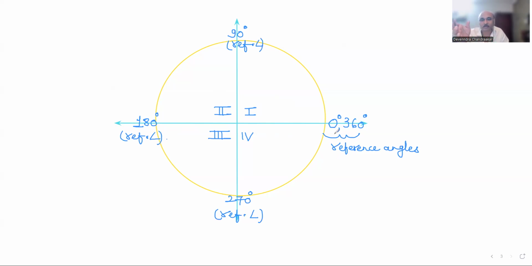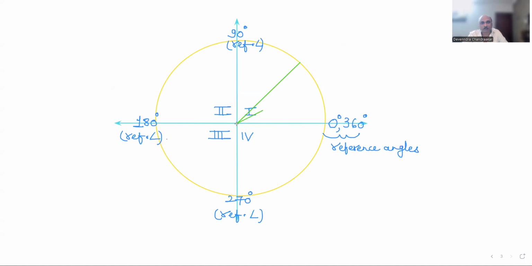Between 0 and 90, 0 is lesser than 90. Between 90 and 180, 90 is lesser than 180. Between 180 and 270, 270 is greater than 180. And between 270 and 360, 270 is lesser than 360. So there are always two reference angles for each quadrant. Now, as there are reference angles for each quadrant, there are these standard angles also.